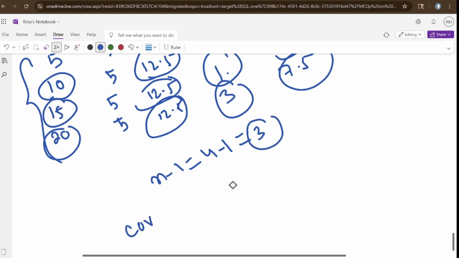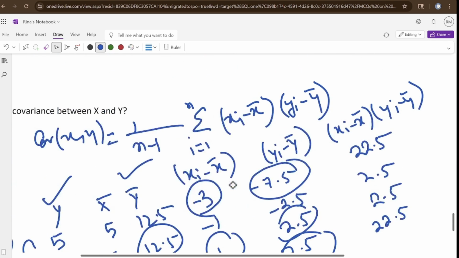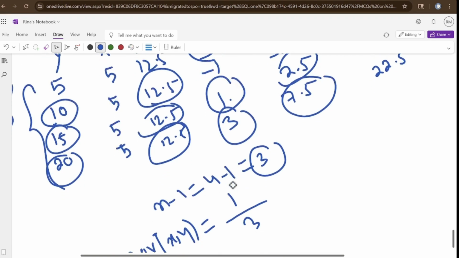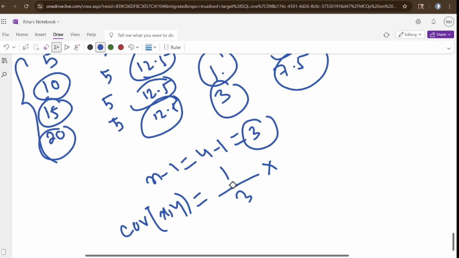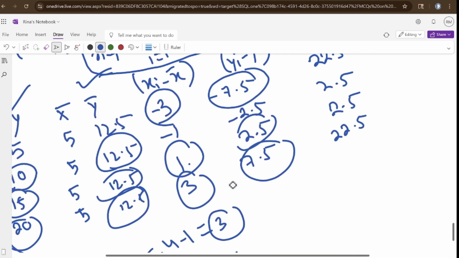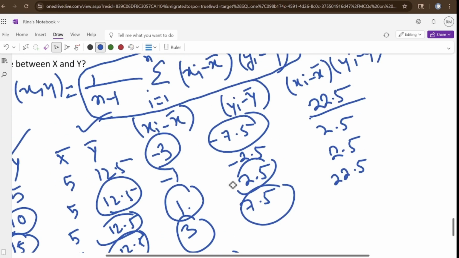So we can write covariance of x comma y equals 1 divided by n minus 1 into our sum. Here we have to add all the numbers: 22.5 plus 22.5 is 45, plus 5 is 50.